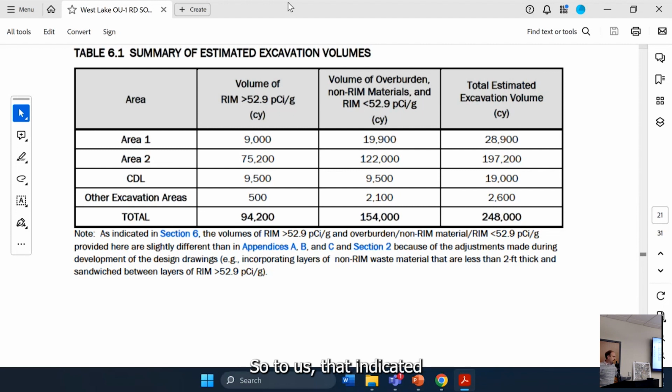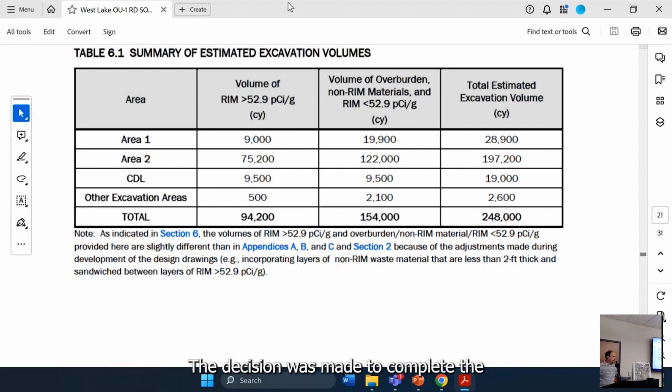So to us, that indicated there was no guarantee there wasn't something there. Plus, the data that the PRPs had collected had stuff right up to the edges of that, and their model actually projected it slightly beyond those former boundaries. So at that point, EPA knew that additional work was needed.